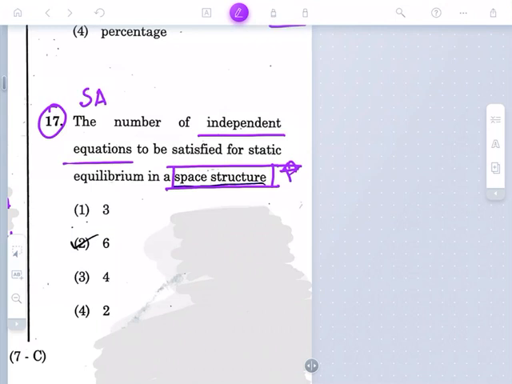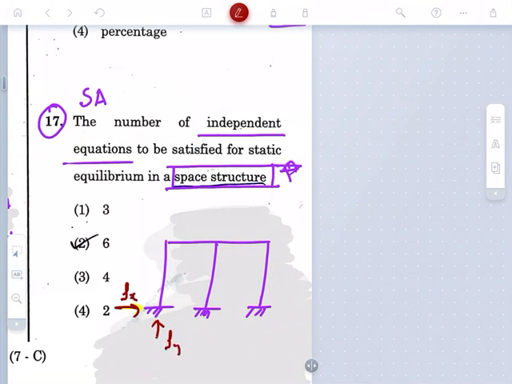With respect to this, the number of independent equations is, if I draw one frame like this, and it is a fixed support, there will be 3 independent equations: force with respect to x, force with respect to y, as well as moment.